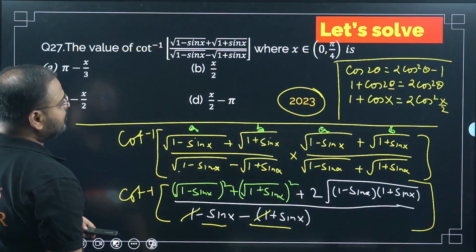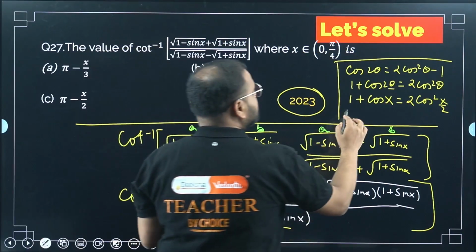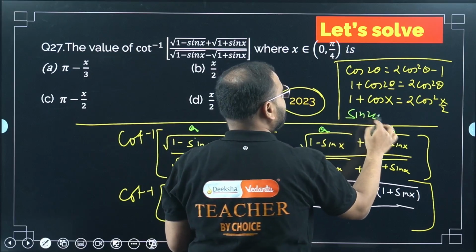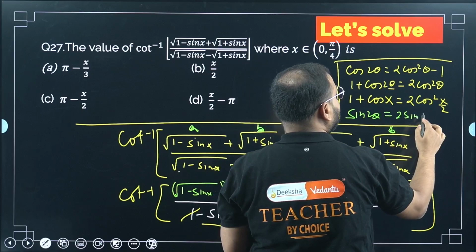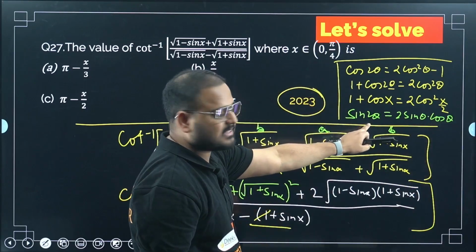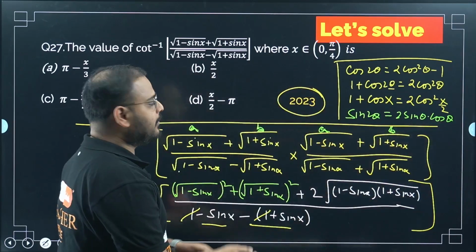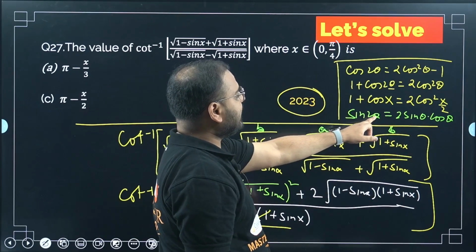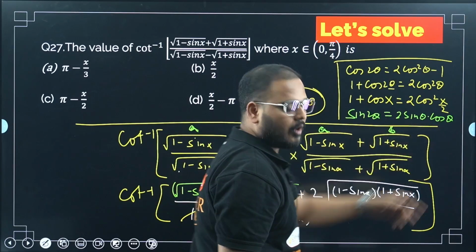So I will again write the rule. What's the other formula? Sin 2 theta is equal to 2 sin theta cos theta. I am taking 2 theta as x. So it will become what? 2 sin x by 2 cos x by 2. Please remember, I am taking this 2 theta as x, so theta will become x by 2.